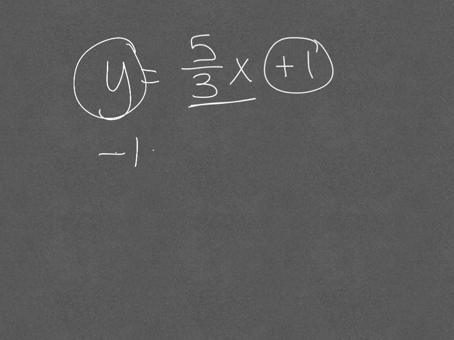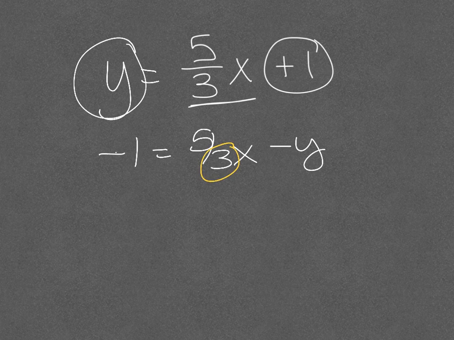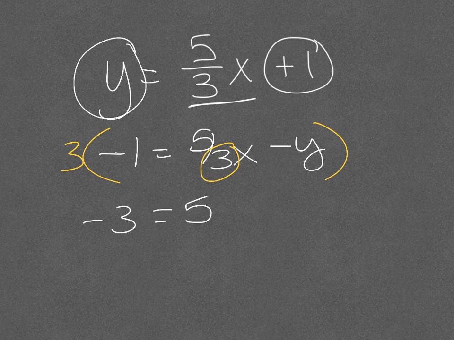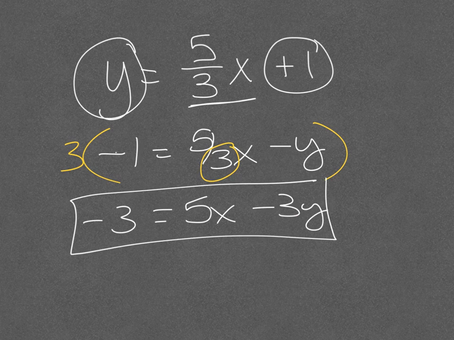So negative 1 equals 5 over 3x minus y. Get rid of my fraction by multiplying by my denominator. So we get negative 3 equals 5x minus 3y. So you've got standard form.